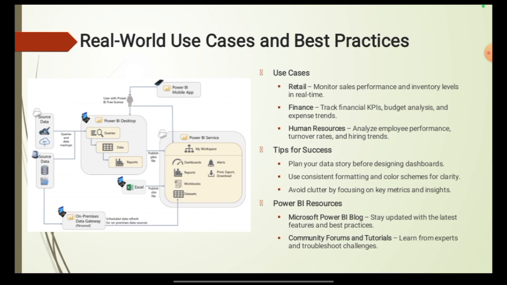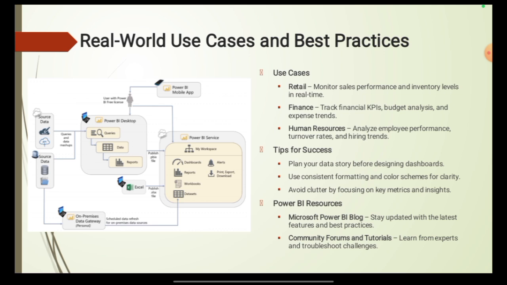The provided image shows the Power BI architecture and data flow. Data from the cloud, like Azure APIs, or on-premises sources is processed in Power BI Desktop to create queries, data models, and reports. On-premises data is connected via the on-premises data gateway for scheduled refresh.